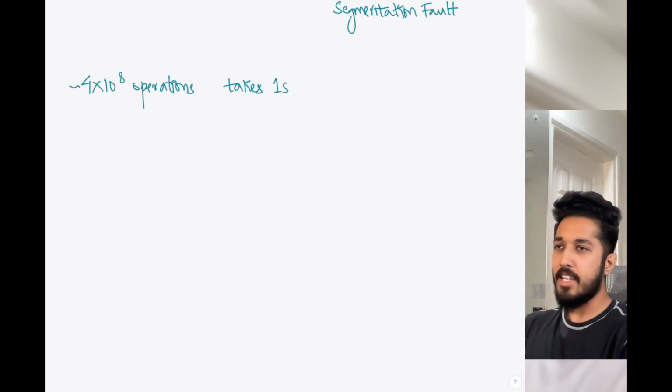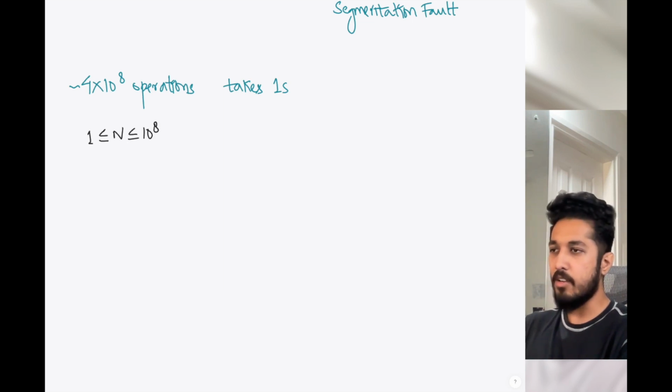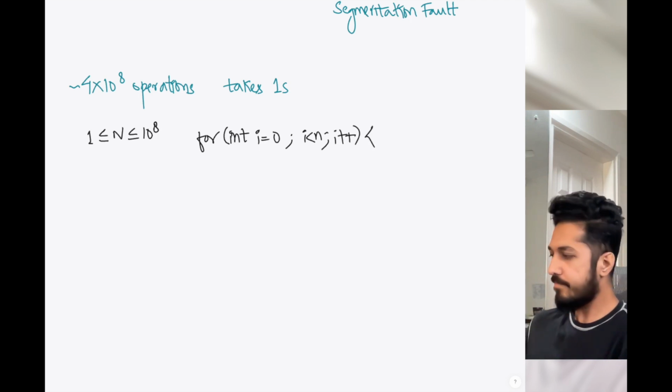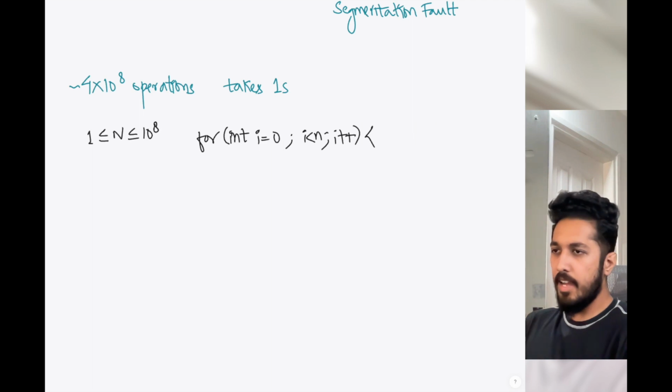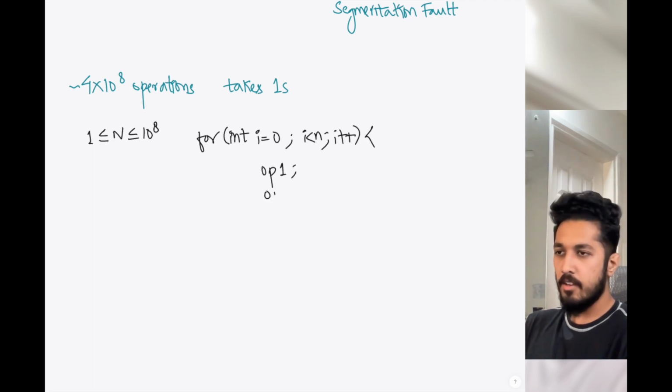Let's take an example and analyze this further. Let's say the given constraint is n lying between 1 to 10 to the power 8, and we write a code snippet which is something like for int i equals 0, i less than n, i plus plus, and we are also performing some operations, operation 1, operation 2, and that's it.